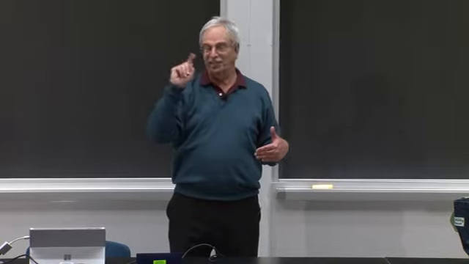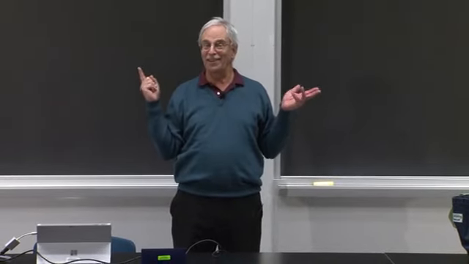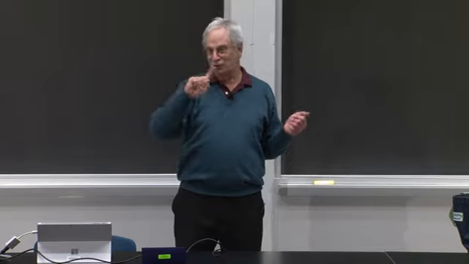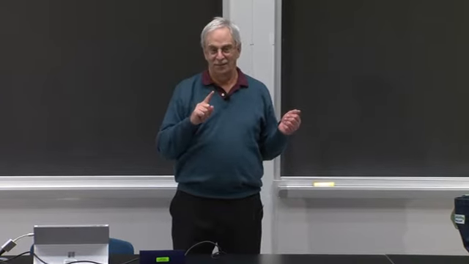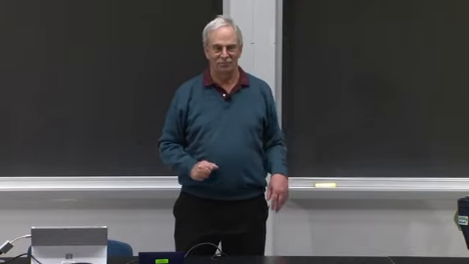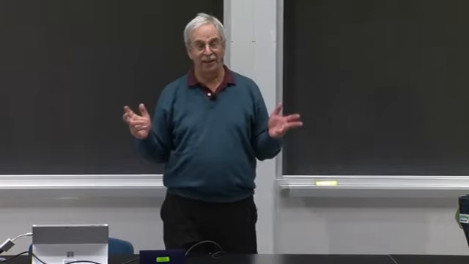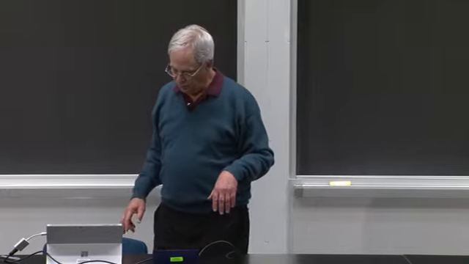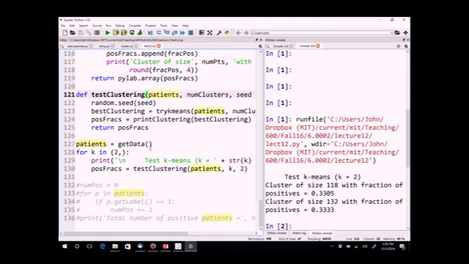And say ST elevation, which I told you was highly diagnostic, was either 0 or 1. And so probably everything is getting swamped by age or something else, right? All right, so we have an easy way to fix that. We'll just scale the data. Now let's see what we get.